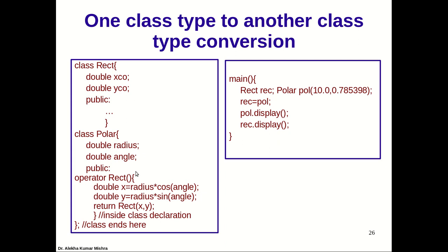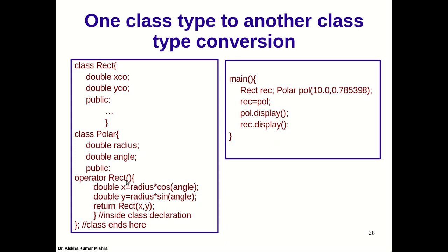Inside this polar class, you see that I have defined an operator rectangle. When I define an operator rectangle, it means that I can convert a polar object to a rectangular object. I have provided an instruction to the compiler about what is to be done when a polar object is assigned to a rectangular object.